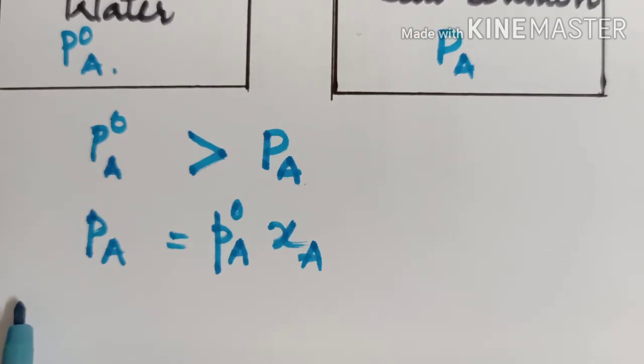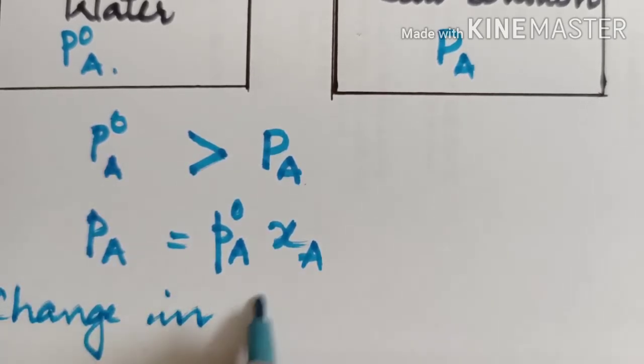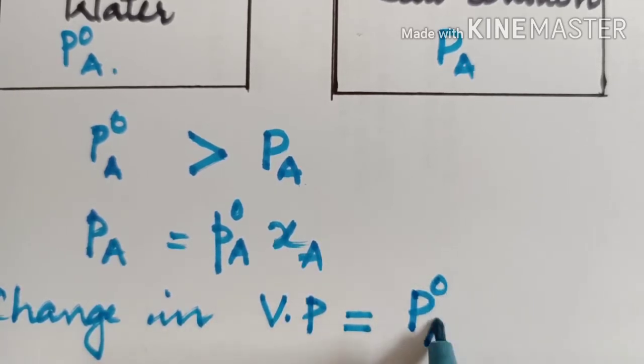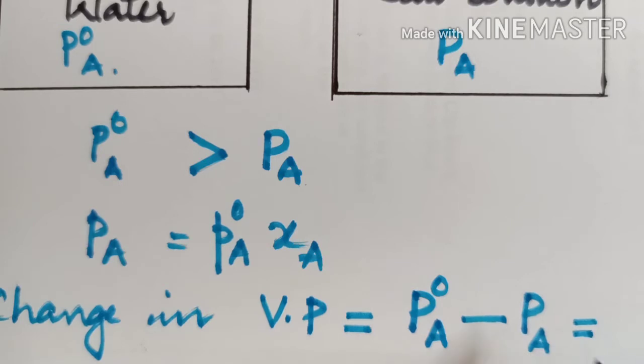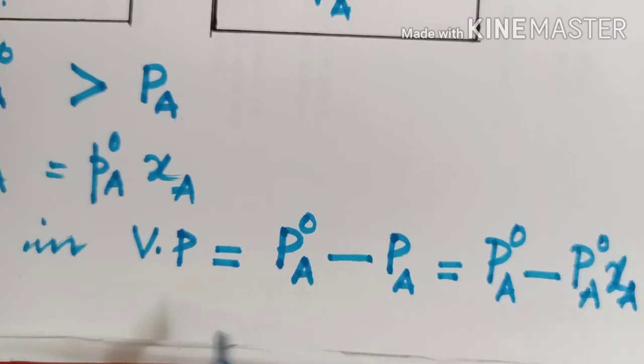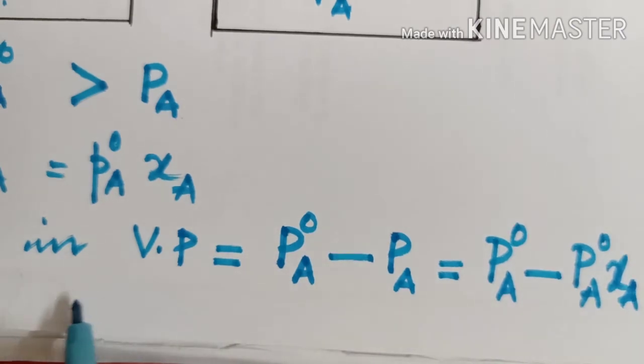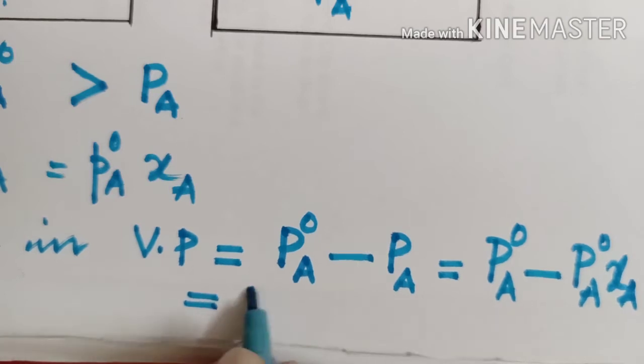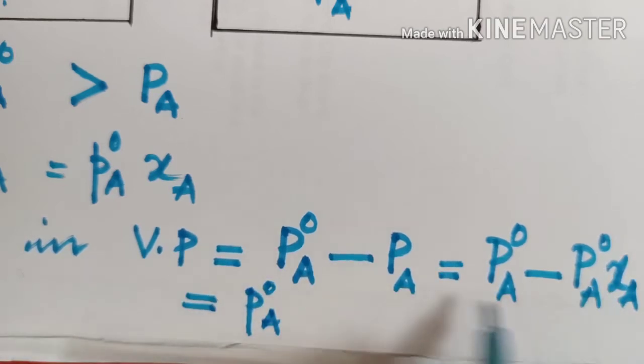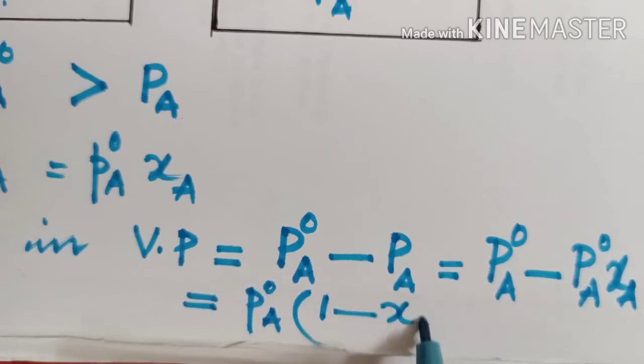The change in vapor pressure is found by subtracting PA from P0A. P0A minus PA is equal to P0A minus P0A into XA, so P0A can be taken outside and we get 1 minus XA.